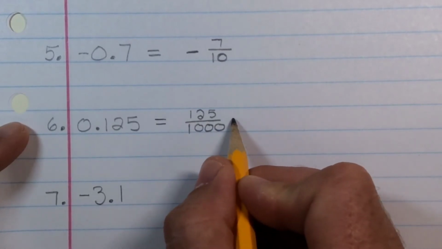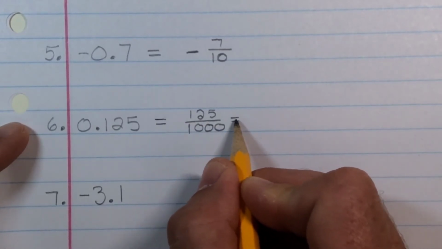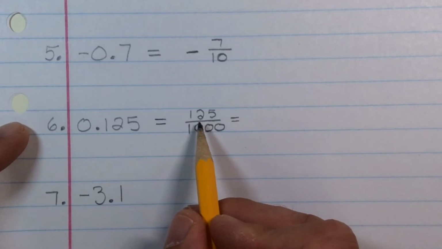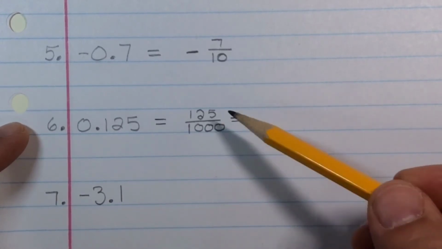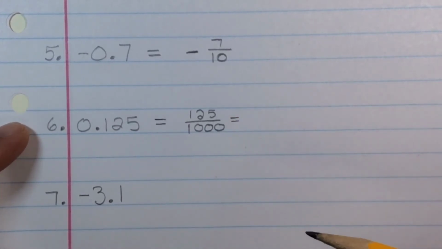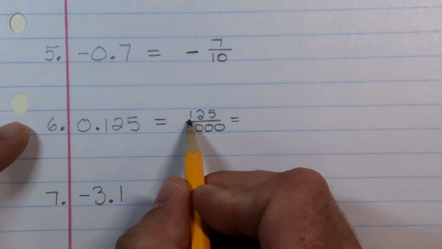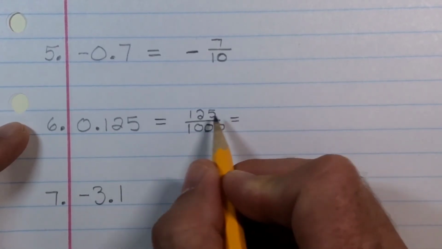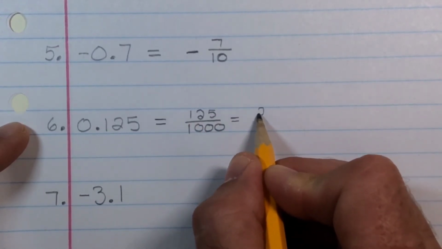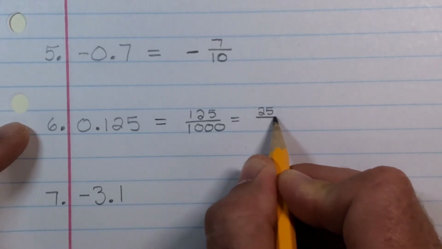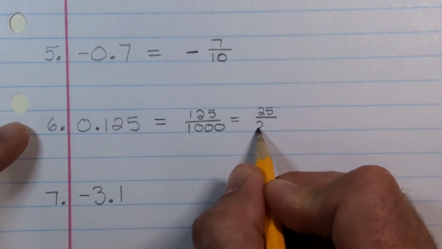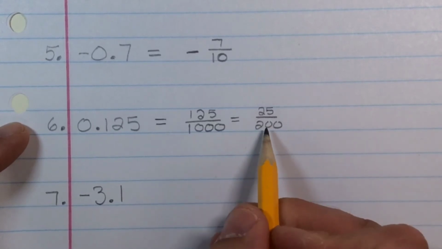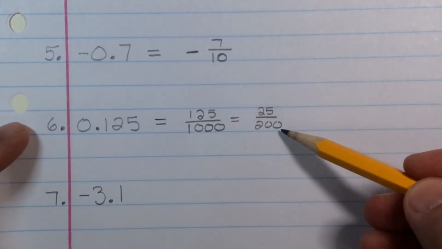Now this can be simplified, and let's see, what can go into both of these numbers? Well, I know 5 can go into both of them, because if it ends in a 5 or a 0, you can divide by 5. 5 goes into 125, 25 times. 5 goes into this 200 times. Well, I'm not done. It ends in a 5 and a 0 again.